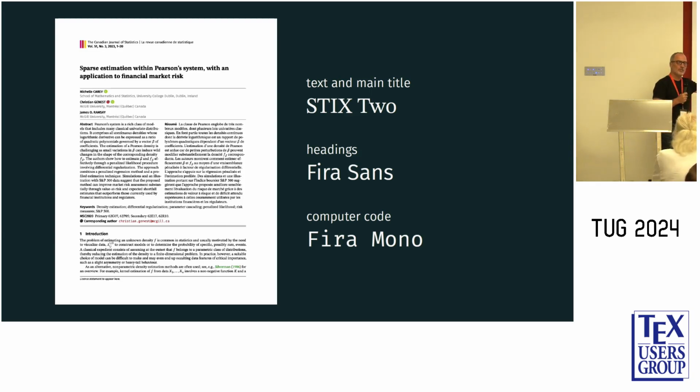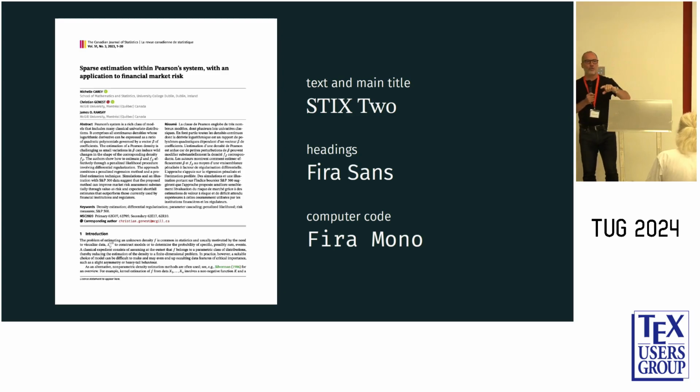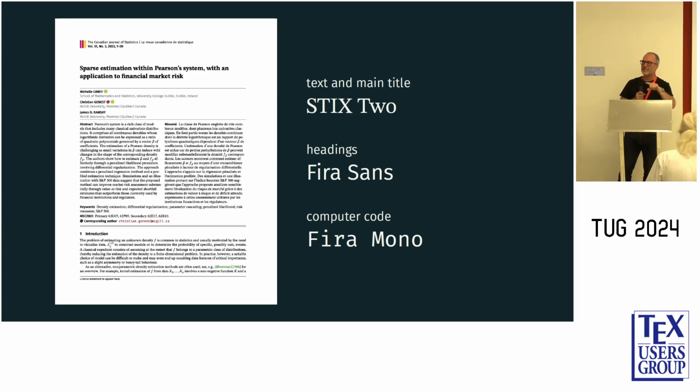The new version, STIX2, moves a little bit away from Times Roman in a way that makes for a really quite beautiful font, with excellent support for mathematics. Because as many of you will know, when you look for a font that has very good support for mathematics, the intersection is very, very small. So there aren't that many fonts.